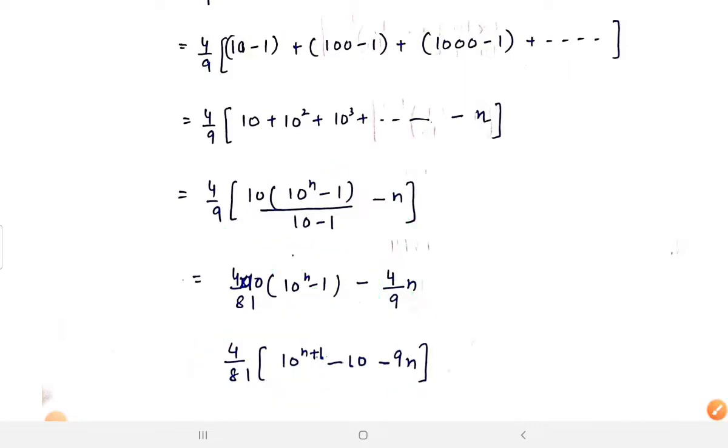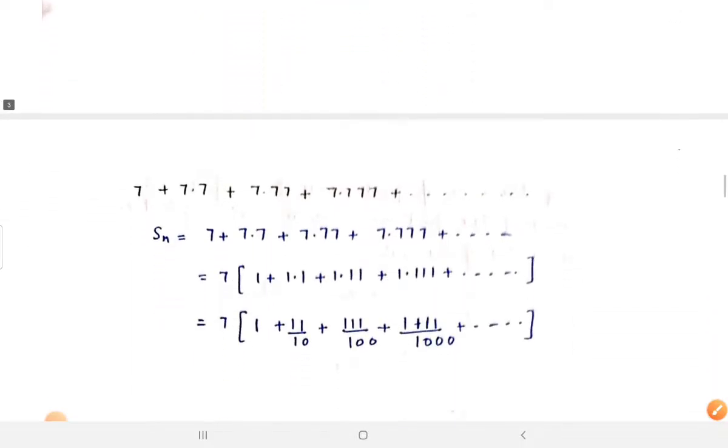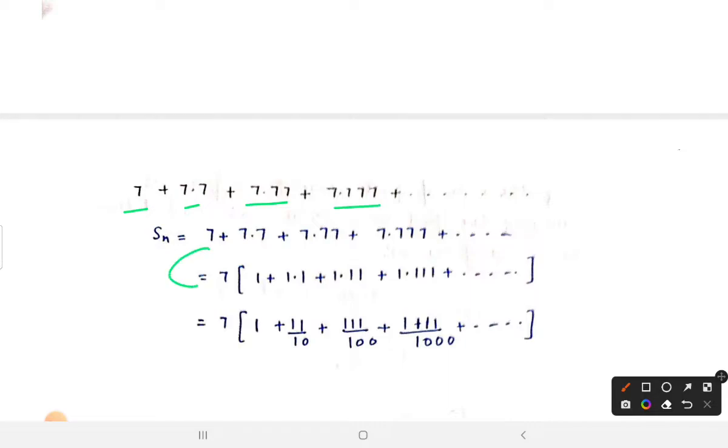Next question is to add 7, 7.7, 7.77, 7.777. So let us take 7 common. We have 1, 1.1, 1.11, 1.111. So let us write 1.1 as 11 by 10, 1.11 as 111 upon 100, and 1.111 as 1111 upon 1000.